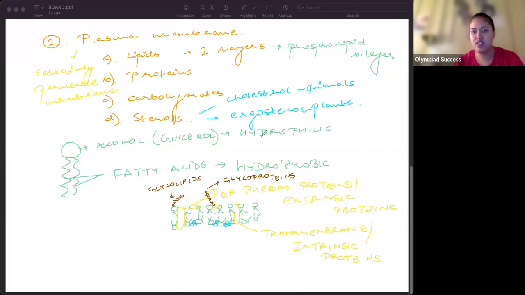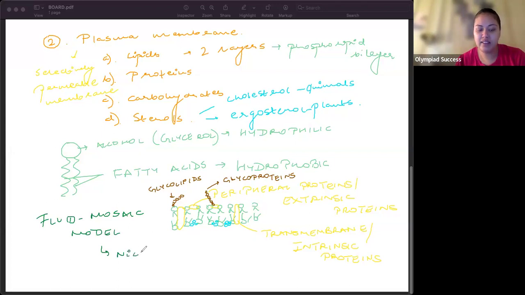Okay, so this is your structure of plasma membrane. This model of the structure of plasma membrane is known as the fluid mosaic model, given by Nicholson and Singer.